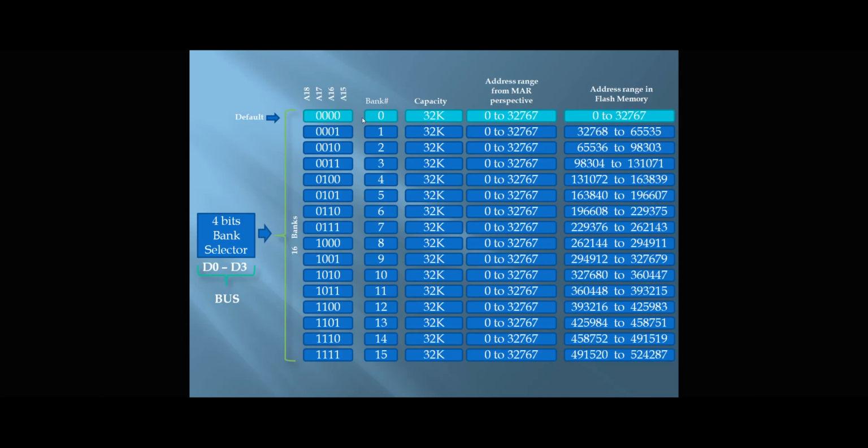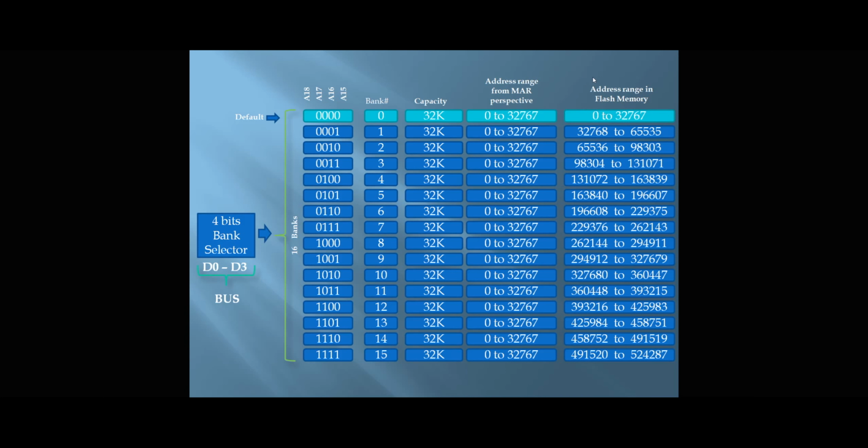Now, in this case, if we just use our memory address register to address the flash, you know that our memory address register has 15 bits for addressing. Therefore, it could address from 0 all the way to 32,767, right? So the first 32K on the chip could be directly addressed through our memory address register.